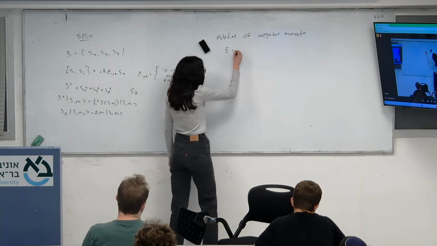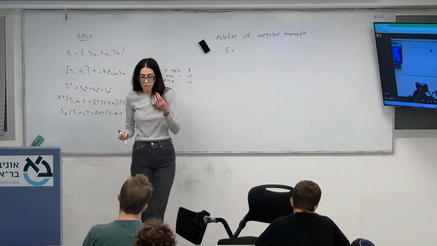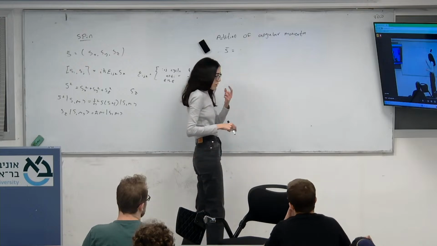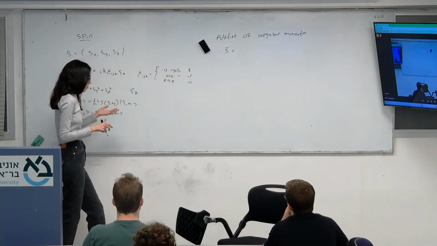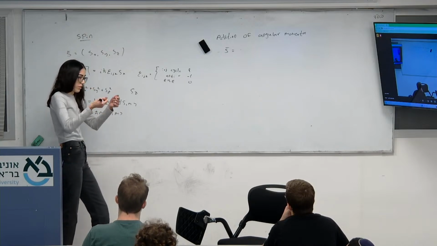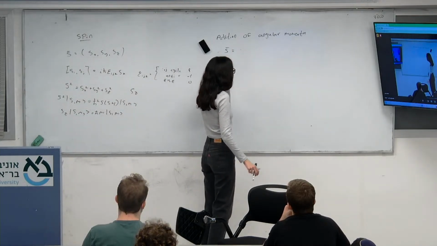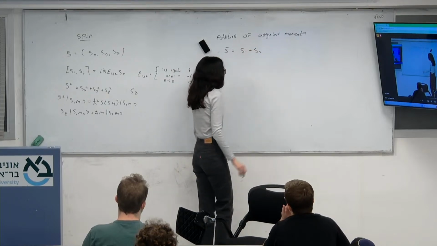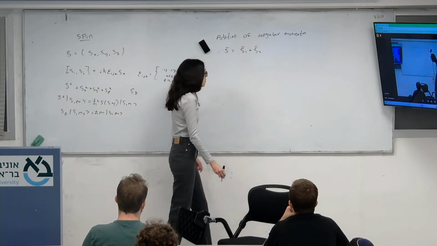We can have 2 particles, each with a different spin, or we can have 1 particle and look at the spin and the orbital angular momentum. Specifically, let's look at two different components, S1 and S2.